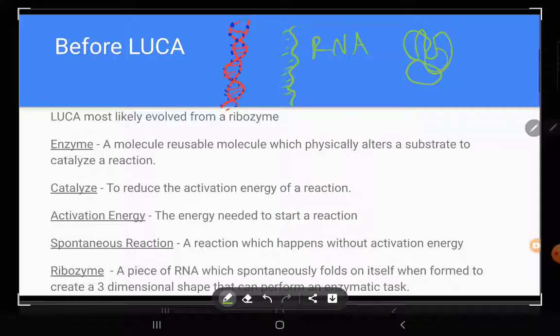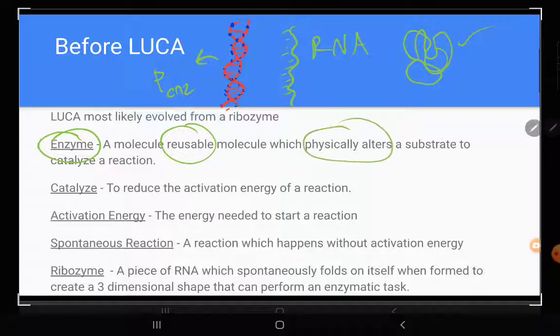When they do so, they are often called enzymes. Most of the time, your DNA can make a protein enzyme, but RNA itself can become an enzyme when it folds like this. An enzyme is a molecule that is reusable, meaning that it doesn't break down upon use.